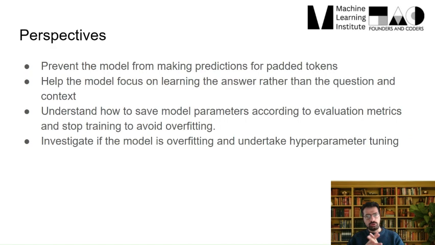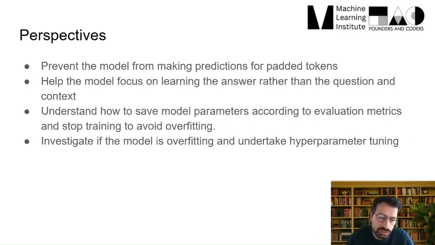So at the end, I thought, okay, there are a few things I'd like to keep doing: how can I prevent the model from predicting these padded tokens, or make it easier for the model to predict, since something is wrong there. I wanted to help the model focus on learning the answer rather than the question and the context, and look more into how to identify overfitting and fix it, or for example stop training if it starts to overfit.